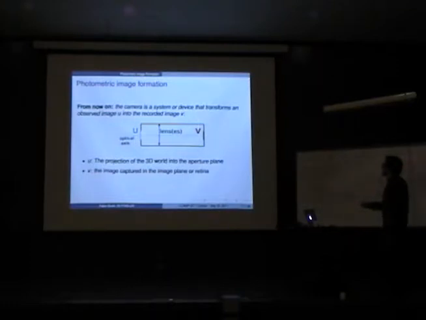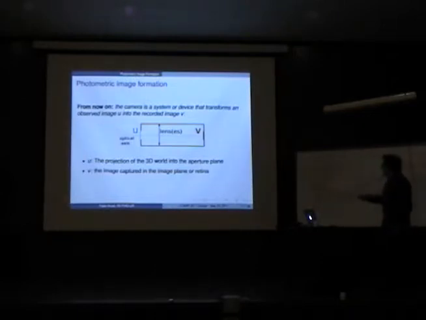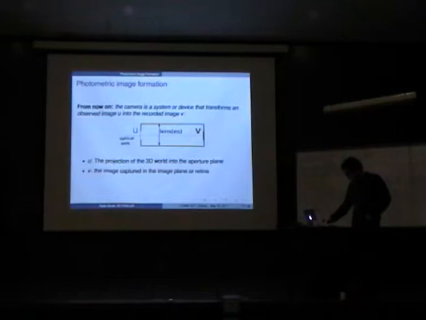This U here is the projection of the 3D world into the aperture plane. When I talk about aperture, I'm not talking about the shutter of the camera. It's the first aperture you see on the lens, on the objective. And then B is the image captured in the image plane, which is also called the retina. Here is where the CCD array sits, or the CMOS array.